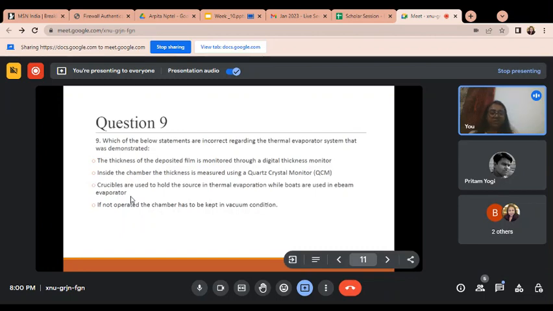If the melting temperature of the source material we want to deposit is much higher than the boat, then we can't deposit this source material, because the boat will start to melt. In that case, we go for e-beam evaporation, and we use a crucible. And a crucible is not conductive, so we can't pass current through it.